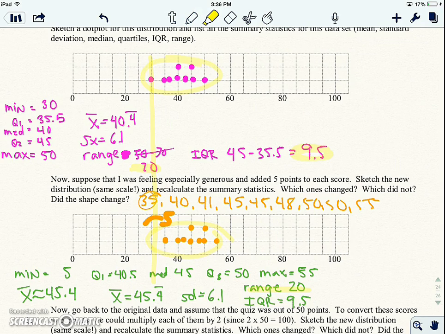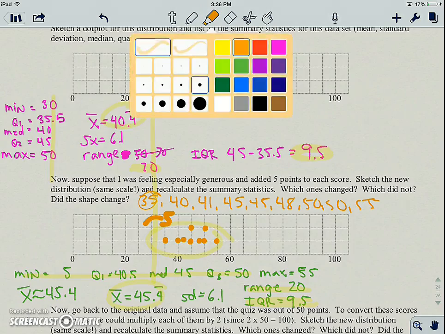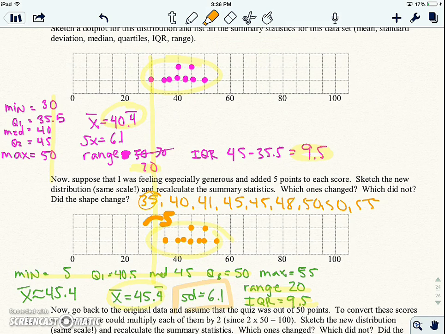Okay, so that did not change either. What did change? Well, all of these changed because they were shifted, as well as the average. Notice that the standard deviation did not change because the numbers still have the same spread.